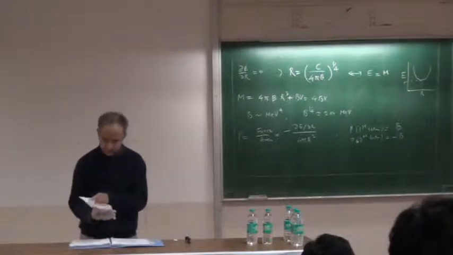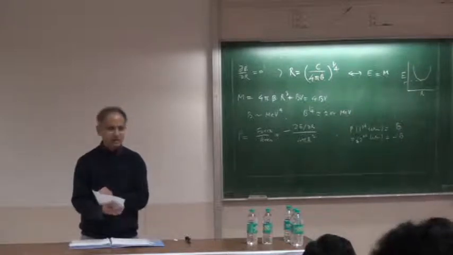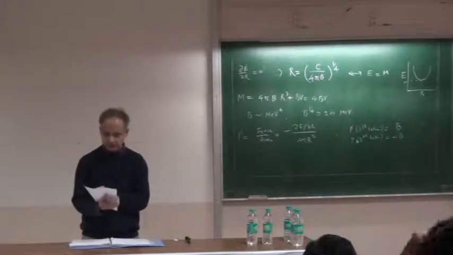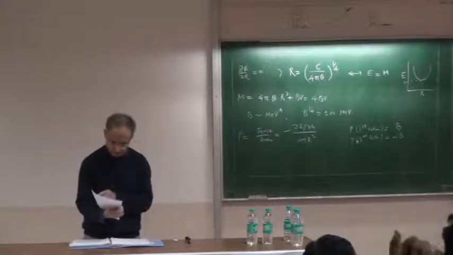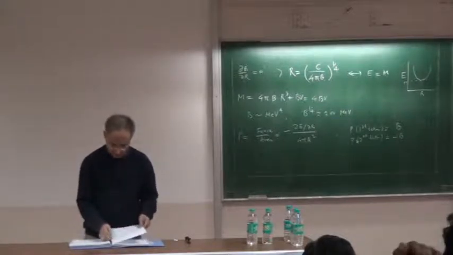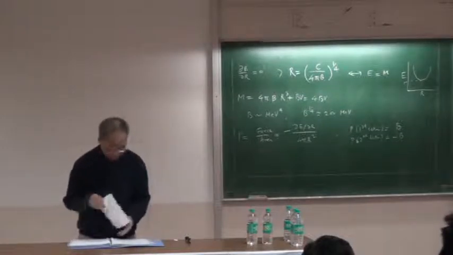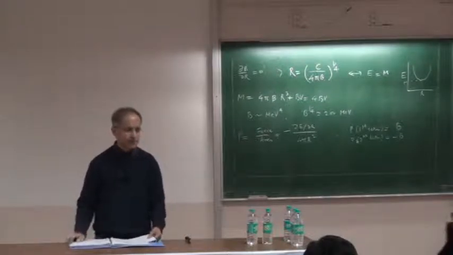This model has been successful in explaining semi-quantitatively some properties of the nucleon, like low-lying states and magnetic moments of the baryons. So the magnetic moment for protons can be qualitatively explained using these models.